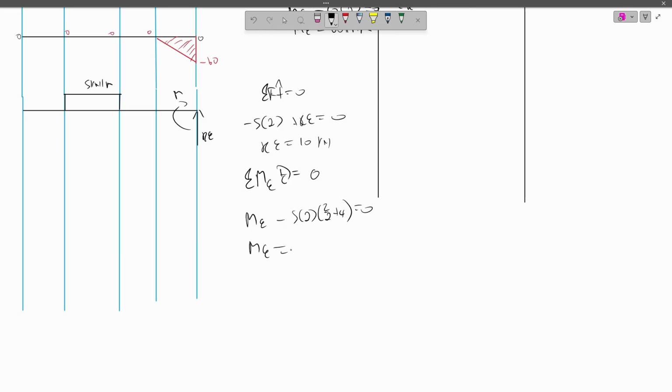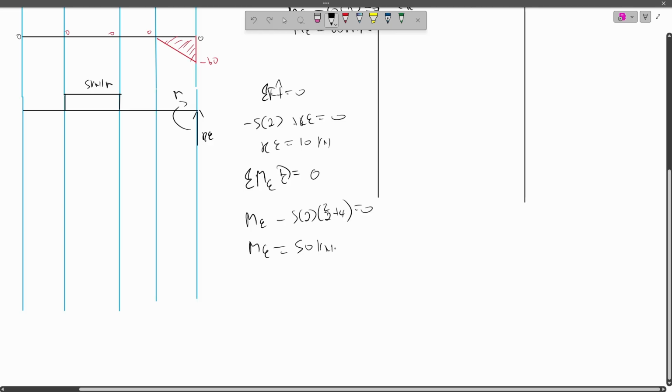And then our MA will be 50 kilonewton meter.